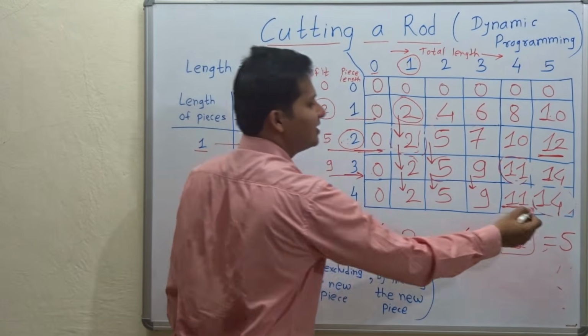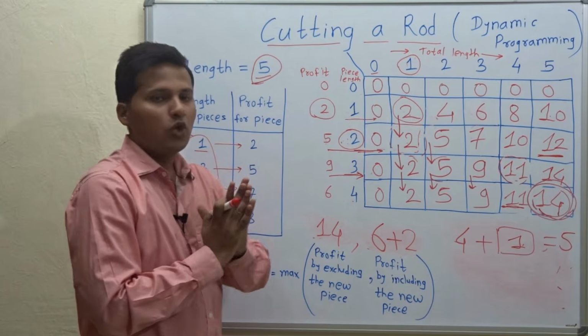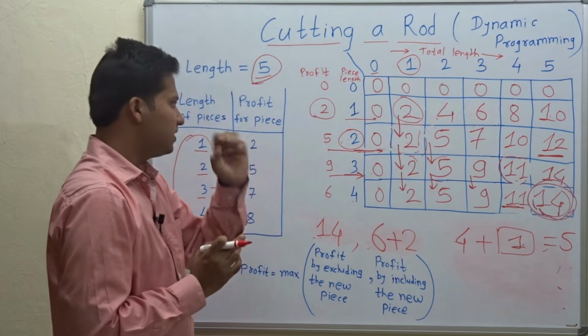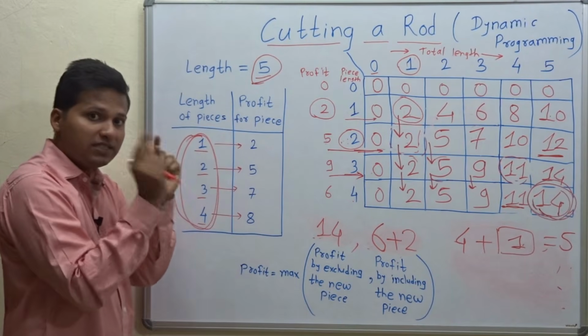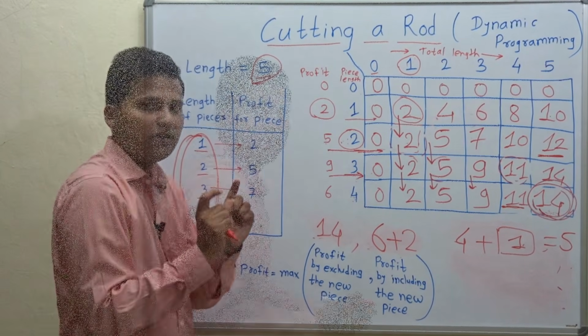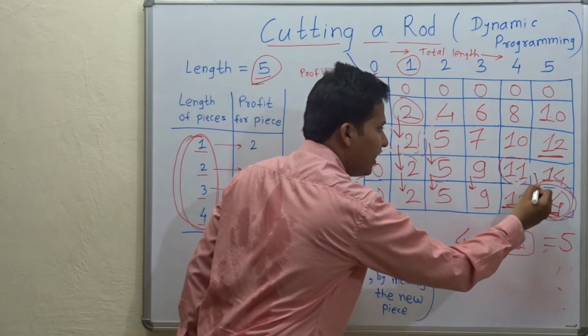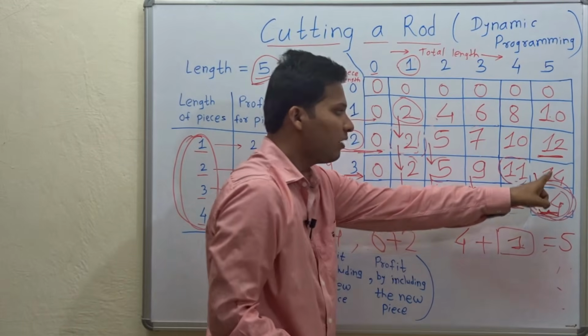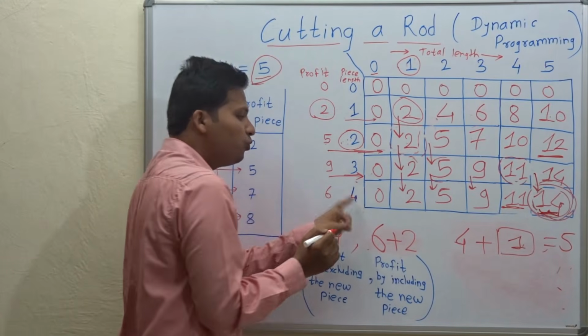So this means this is the maximum profit, and now we will see which length pieces we have included, means what is that set of pieces which have been included. See, you have to start at the end. This 14 has come from the above 14, which means you have excluded this new piece.